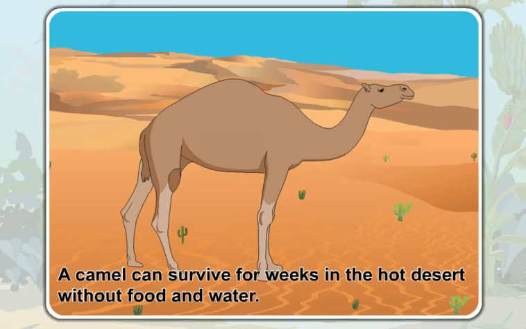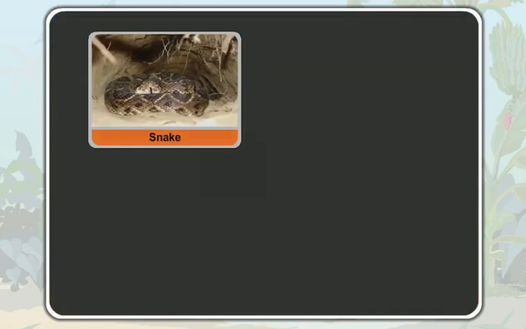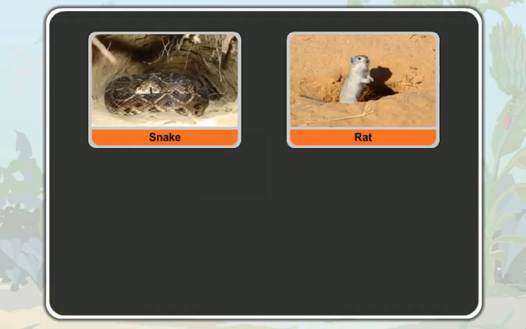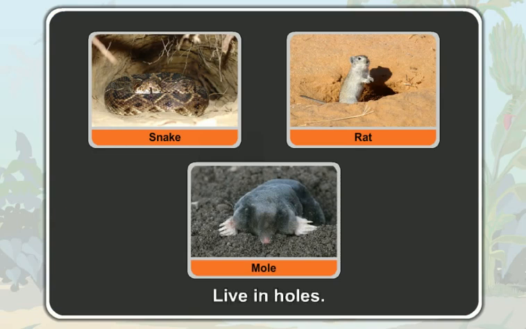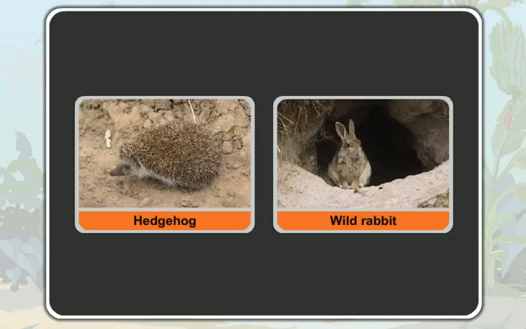Students, animals like the snake, the rat, and the mole live in holes. Animals like the hedgehog and the wild rabbit also live in holes, but their holes are bigger than that of the rat and the mole.